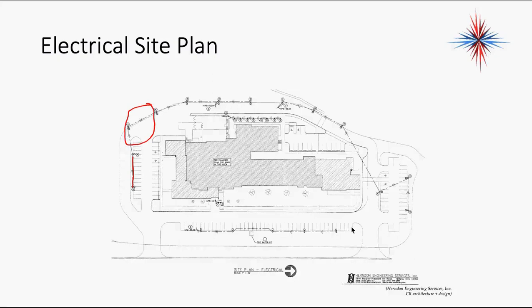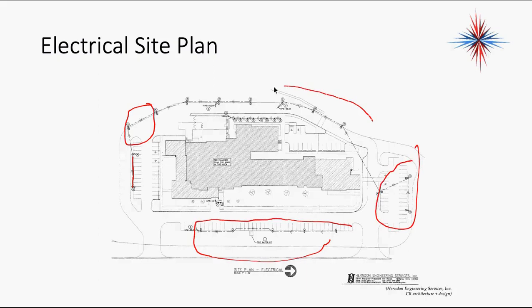You have some up here on the front of the building as well. You have some that runs across the parking lot here, and you have some that are here. That's buried electrical cable. And they get very upset when you dig a trench for water piping or geothermal or something and cut across their buried electrical cable. Don't do it.